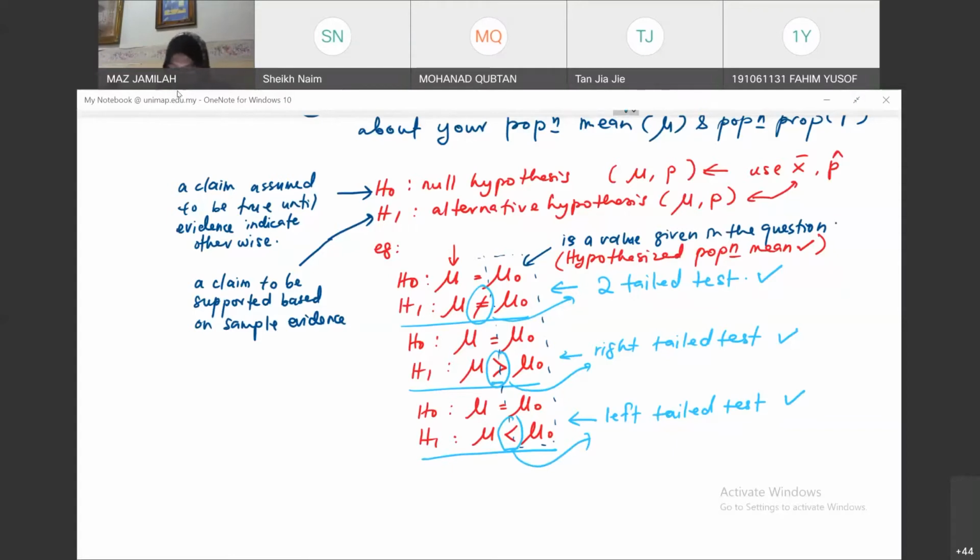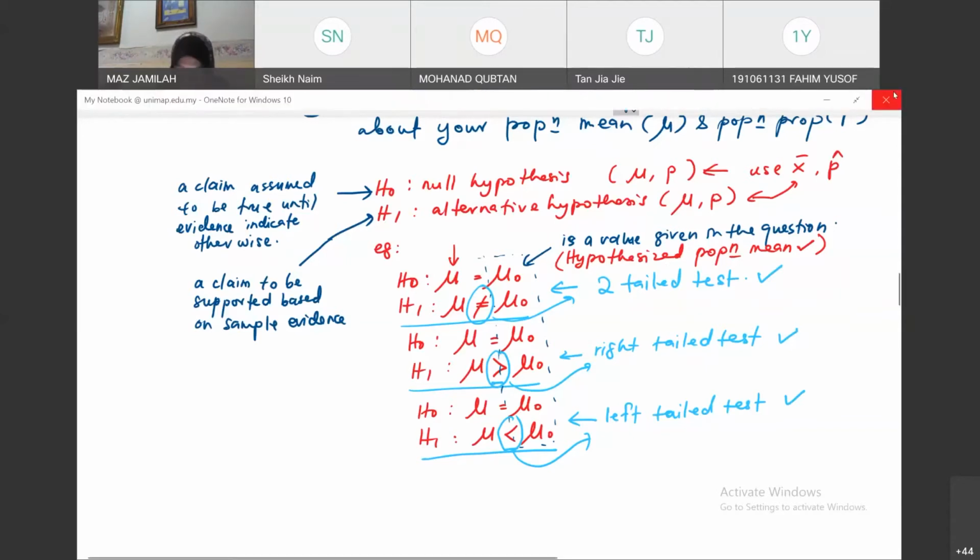There will be some other ways on how to put your statement into sentences, but for now I just remain with that statement of hypothesis so that it will be easier. Later on, we will put it in terms of words.